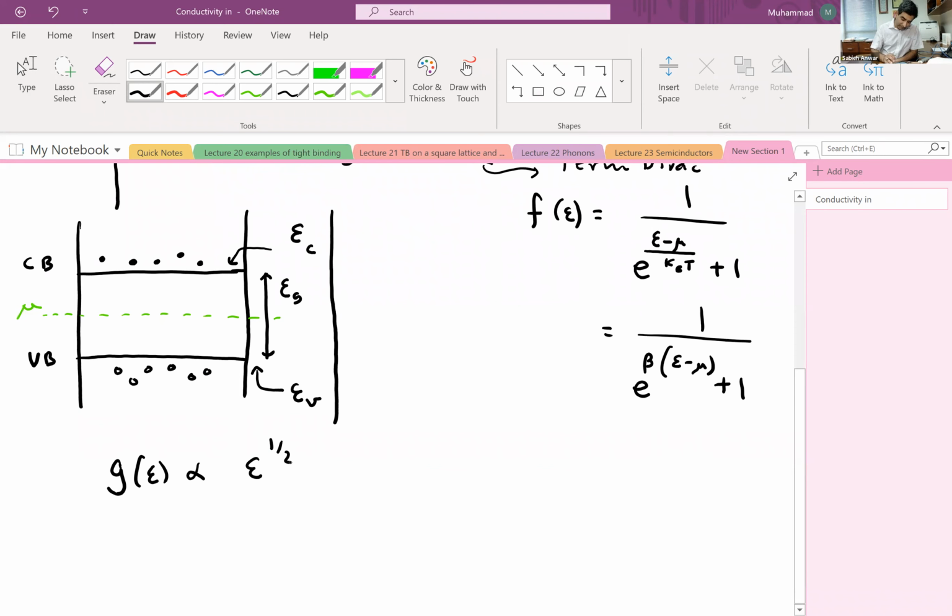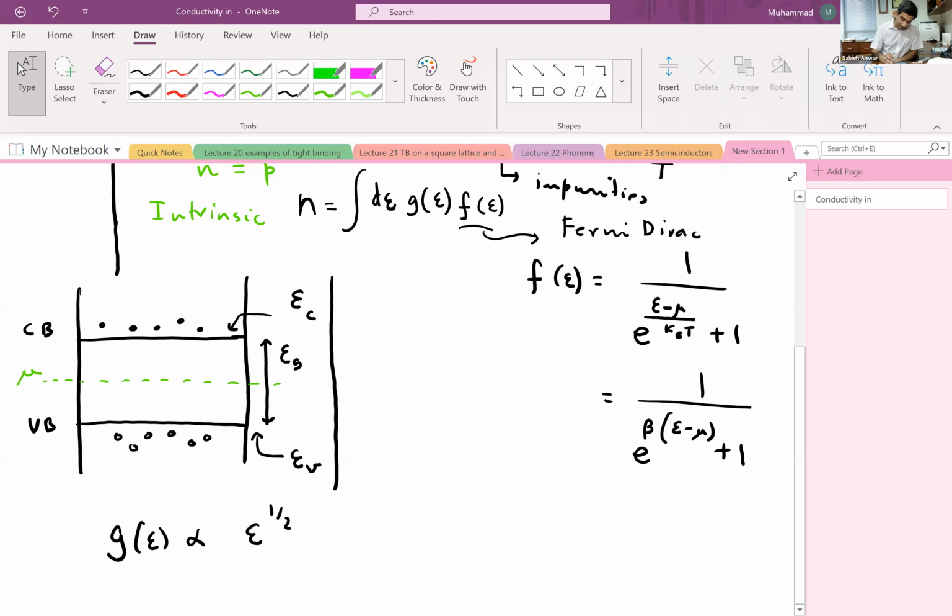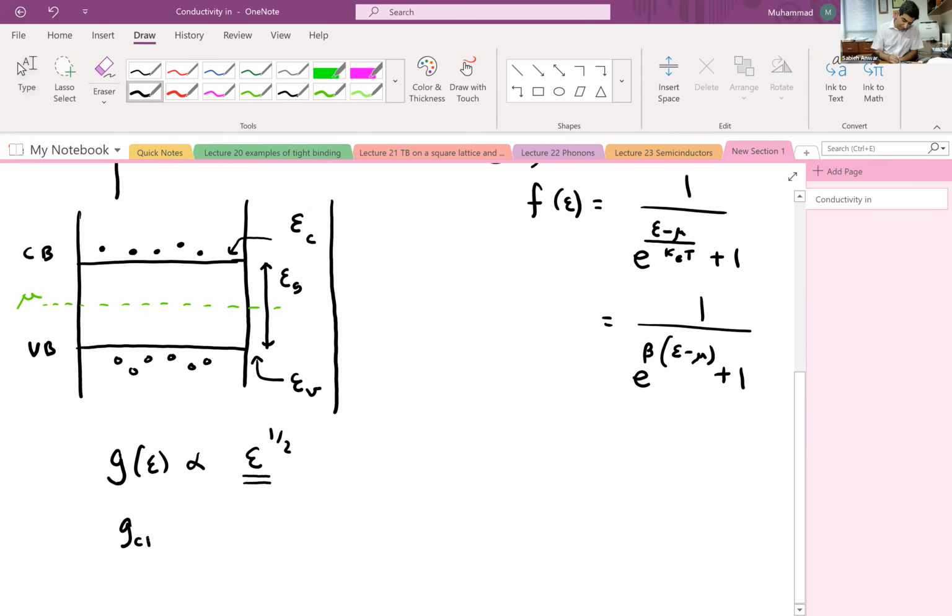So here what we're talking about is that in the conduction band, the energies that I'm interested in, the electrons only exist in the conduction band. So our datum for the energy should be the lower edge of the conduction band, E_C. So g_CB should really be proportional to the square root of (E minus E_C), with some constant of proportionality.